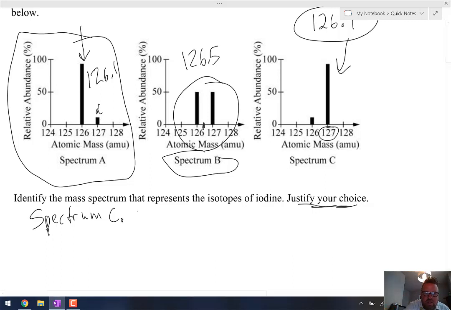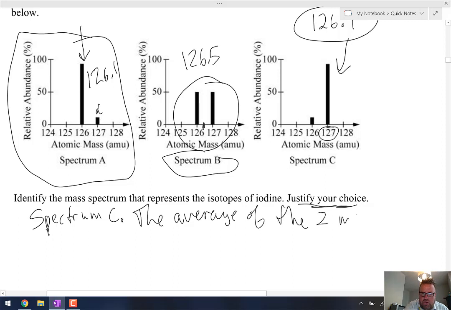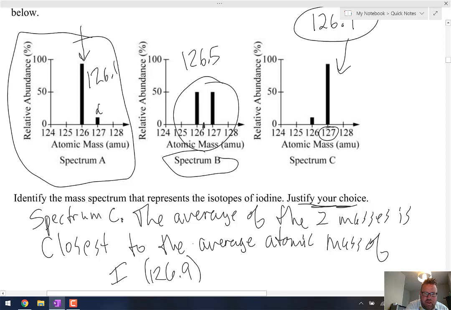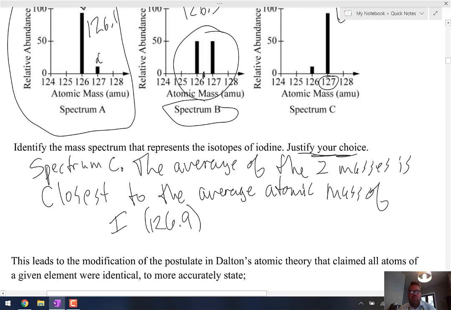So I would say the average of the two masses is closest to the average atomic mass of iodine, and you might even put in there 126.9. Okay, and again, clearly you are telling the grader, I know what I'm talking about, I know why it's spectrum C, and you would absolutely receive the point for that.